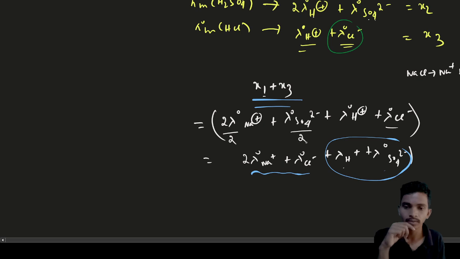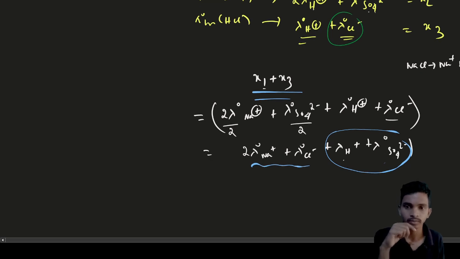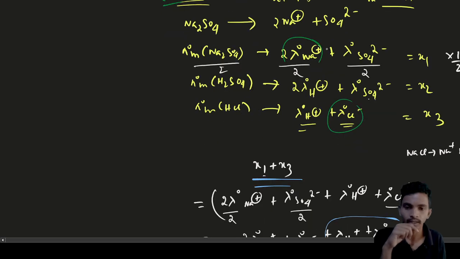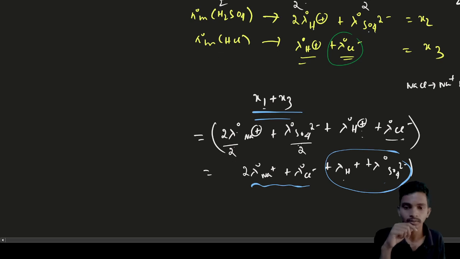Here also I have to divide by 2, because if I divide the whole thing, then you have to divide this by 2, this by 2, and this also by 2. So this one if I write, how can I write? This one divided by 2, and this one divided by 2, and this comes from HCl, so here no division is needed.